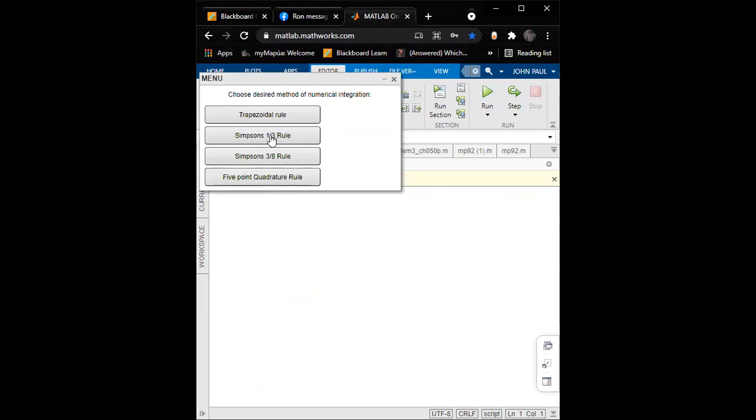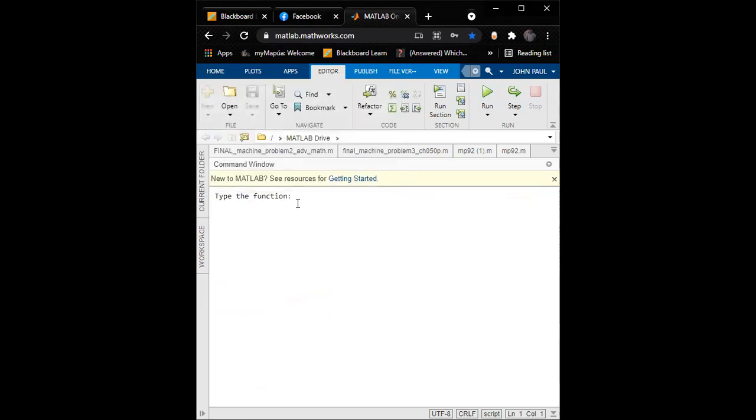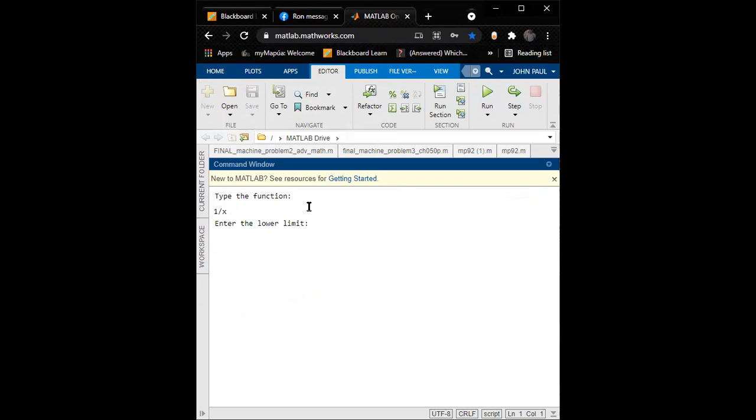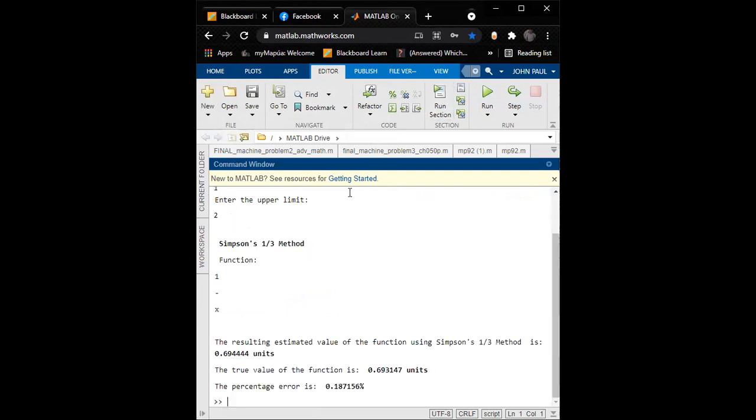Next is Simpson's 1/3 rule. We choose Simpson's 1/3 rule, then type the function 1 over x, then the lower limit, which is 1, then the upper limit of 2. The resulting estimated value using Simpson's 1/3 method is 0.69444 units.